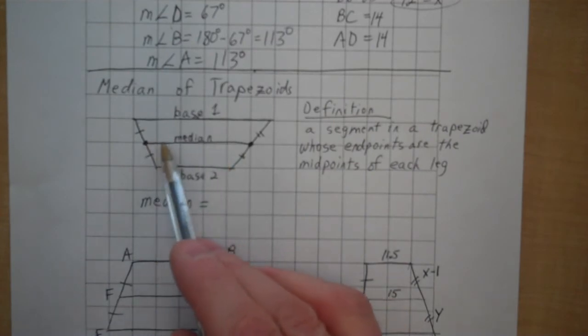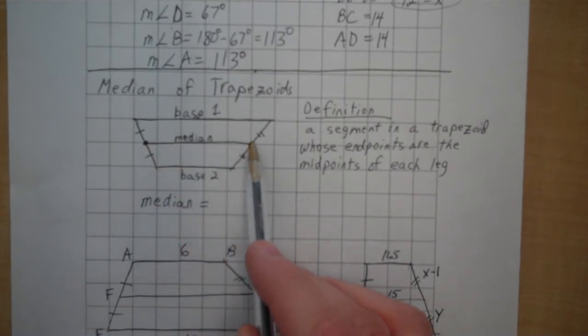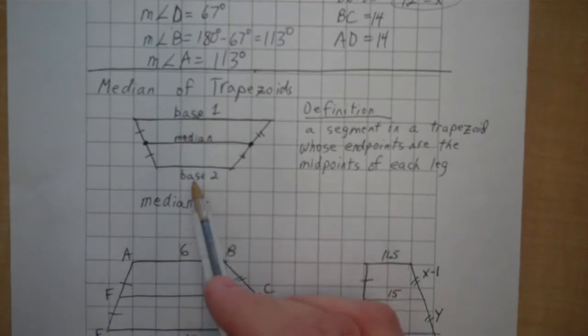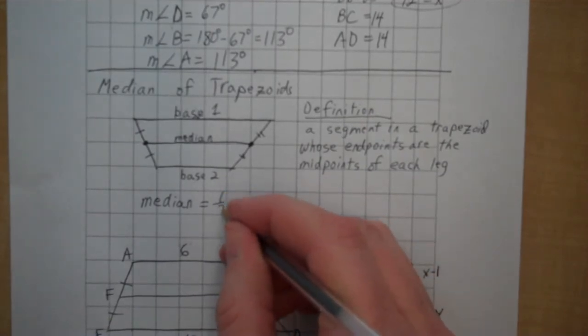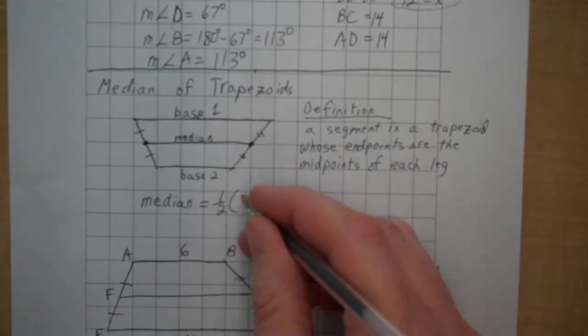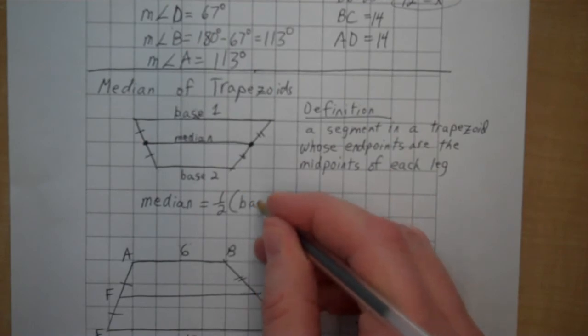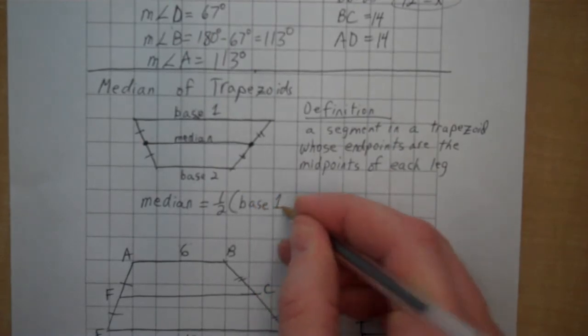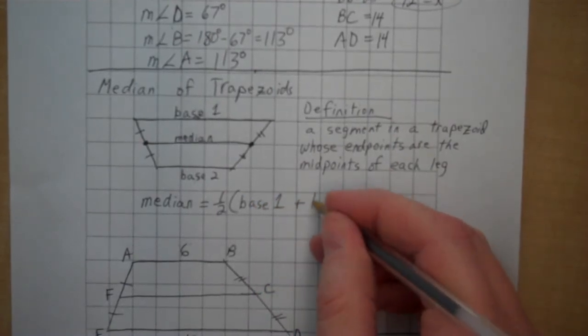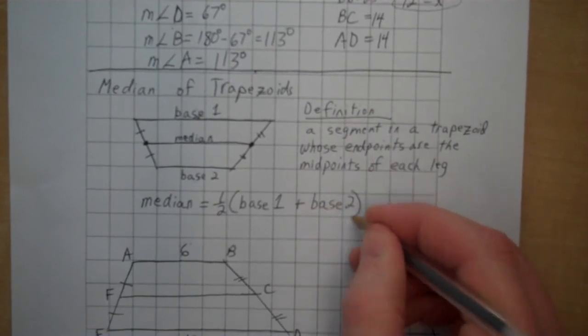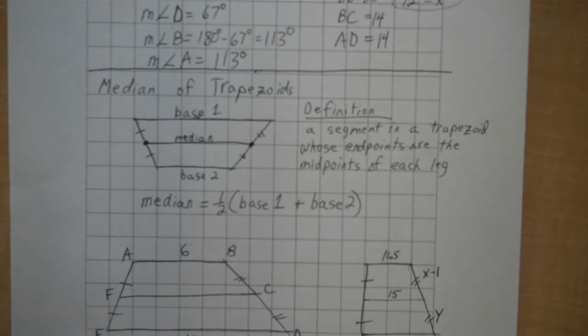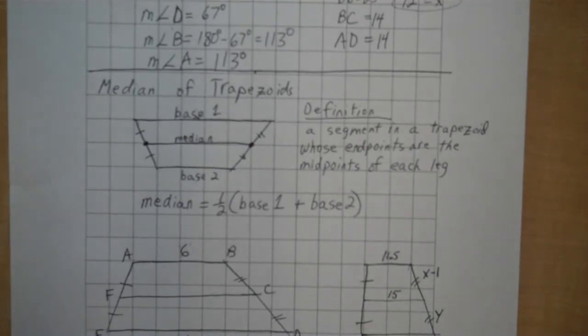The median is exactly half of the sum of those two. It is exactly halfway in size between those two as well. So I'm going to say the median equals half of base 1, meaning the length of base 1, plus base 2. Again, meaning the length of base 2. Remember that.